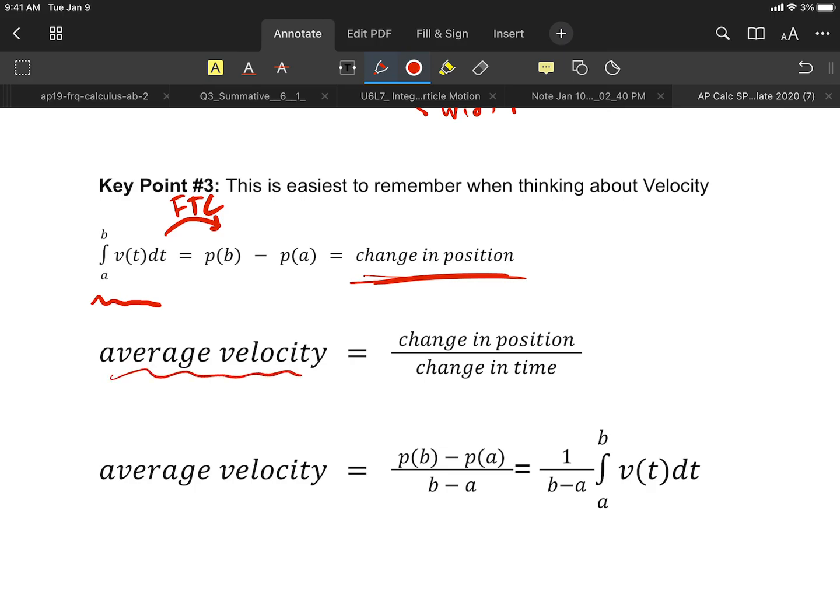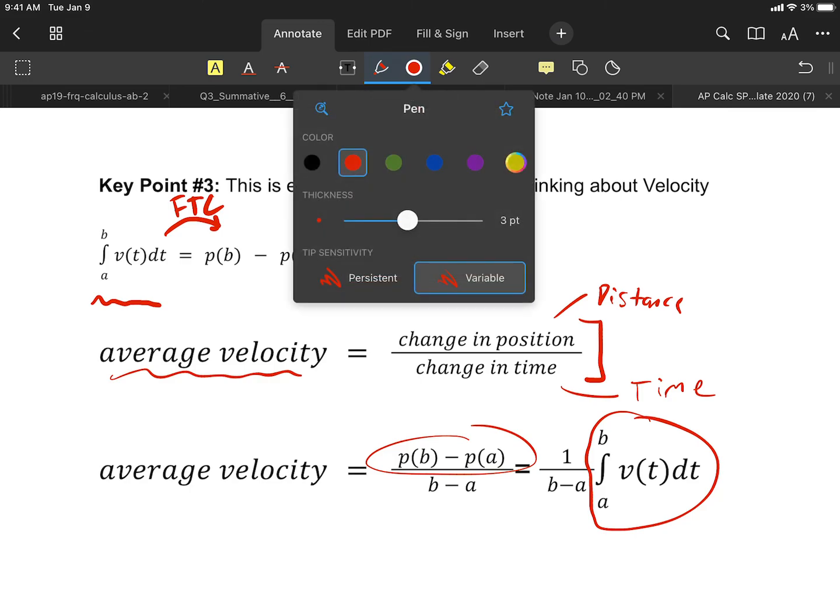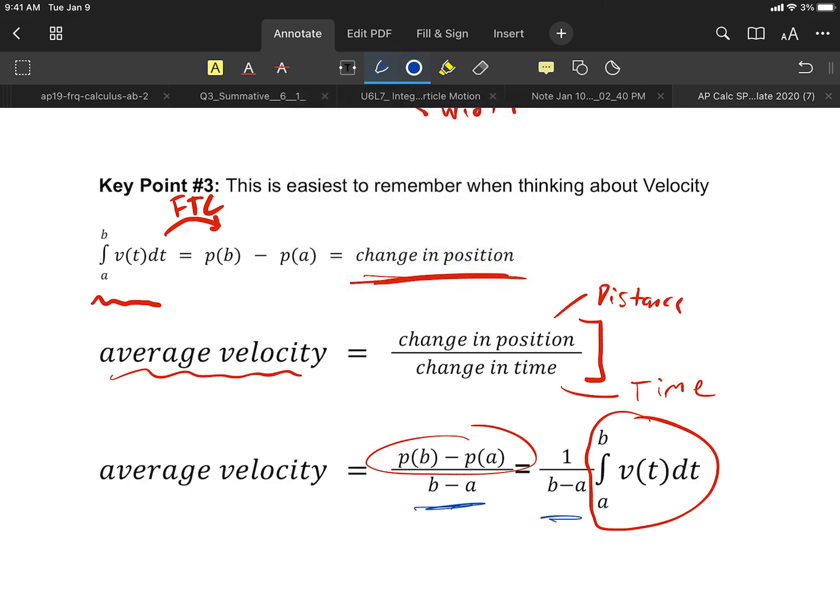What is average velocity? Distance over time, right? Change in position, we call that distance. Change in time, we usually just call that time. And so the change in position is your definite integral, and the change in time is your b minus a. That's the average value of a function.